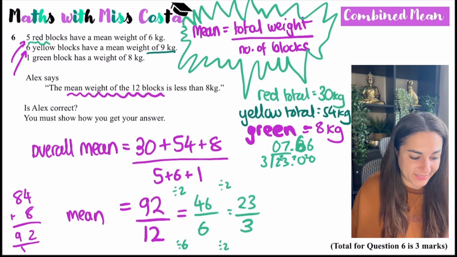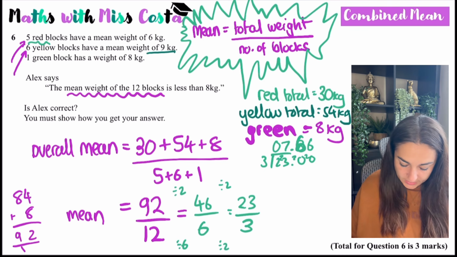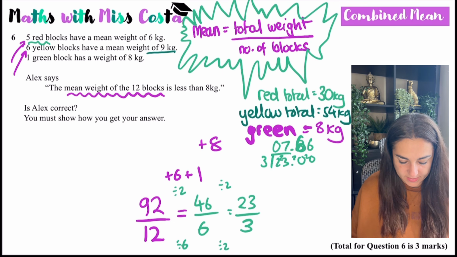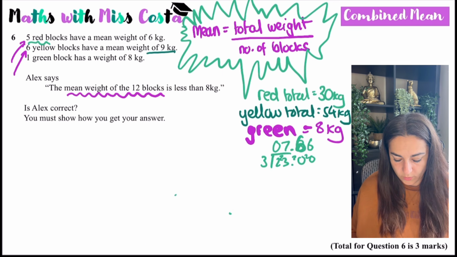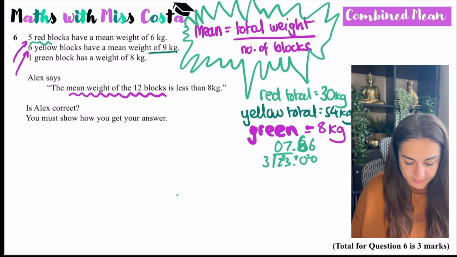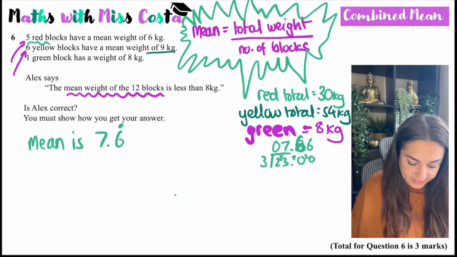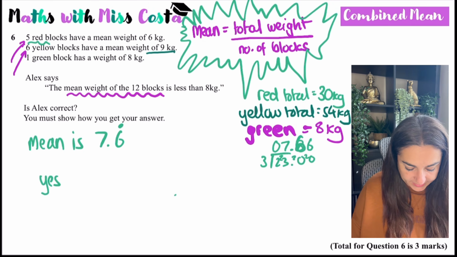So it's going to be 7.6 recurring. So I know that the mean weight of all of the blocks is 7.6 recurring. So is Alex correct? Yes.